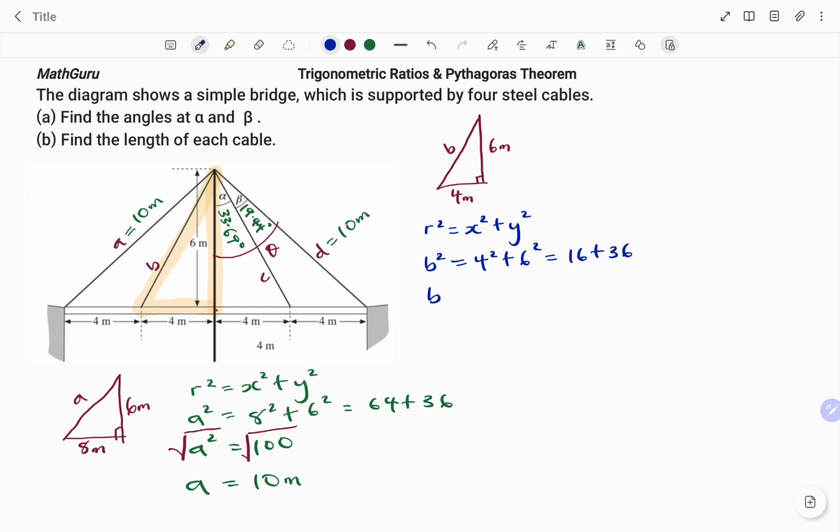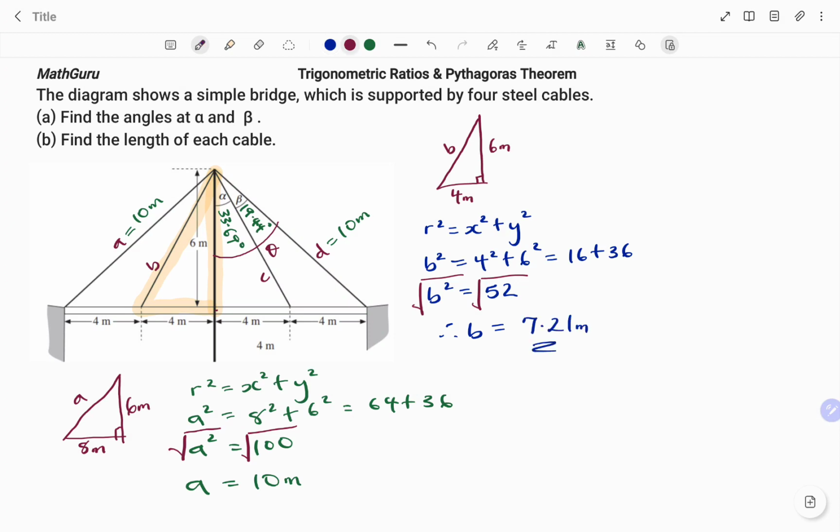Then I have b squared equals 52. And to find b, I'll find the square root of both sides. So therefore, the length of cable B will be square root of 52 to 2 decimal places. That will be 7.21 meters.